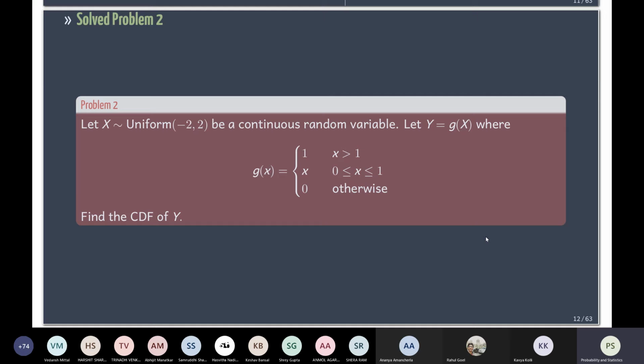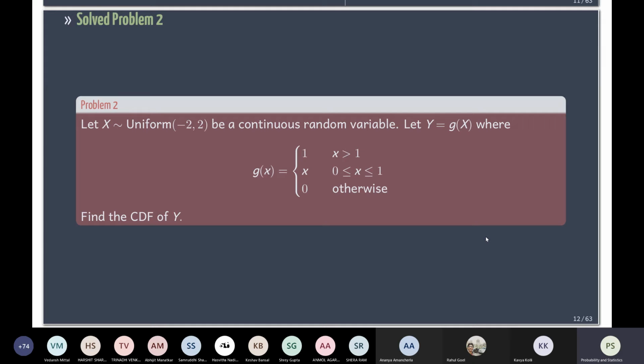First of all, it is good to find the range of y. Because whenever you are given a function of a random variable, you should keep track of the range, because these ranges will give you the range of integration that you have to bother about. Other things you don't care about.